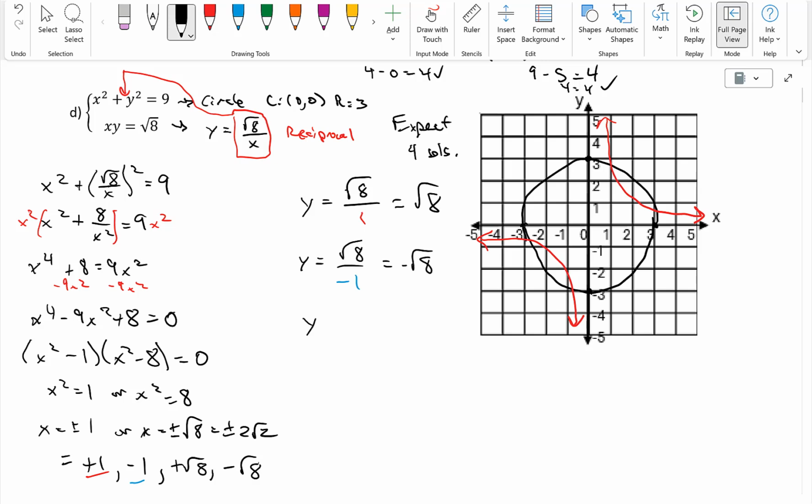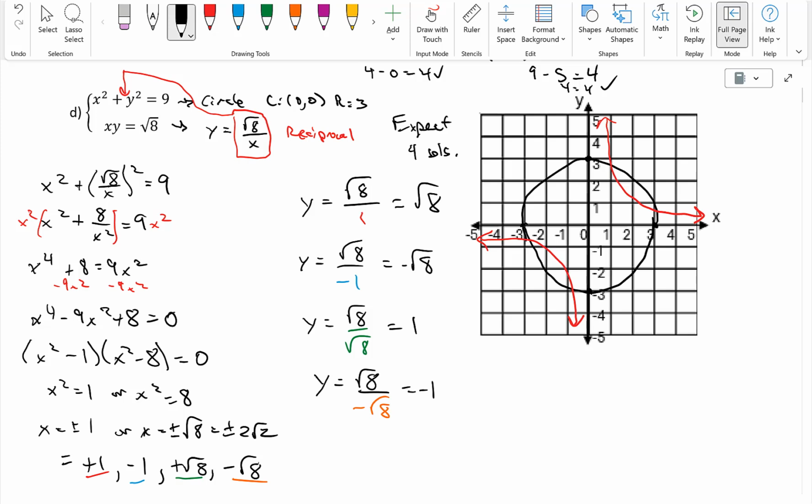For my third, I've got y equals the square root of 8 over a positive square root of 8, which is just going to give me a 1. And for the last one, y would be equal to the square root of 8 divided by a negative square root of 8, which is going to give me a -1.